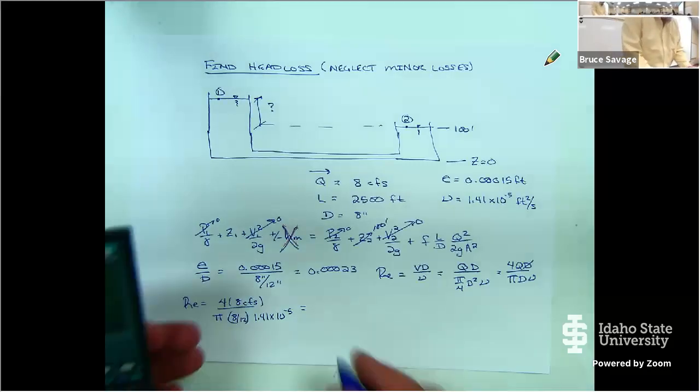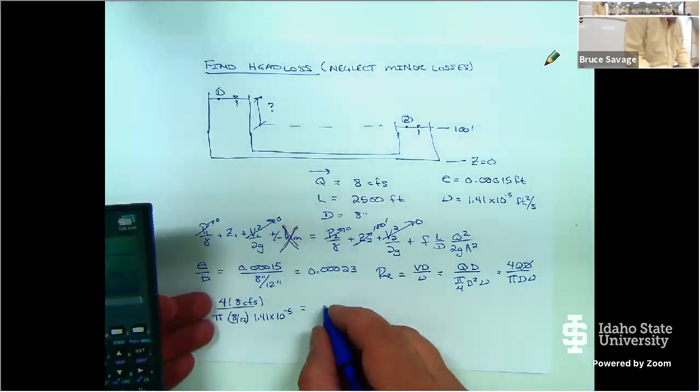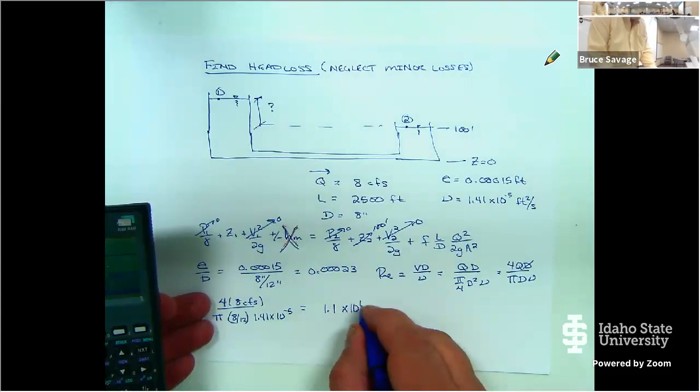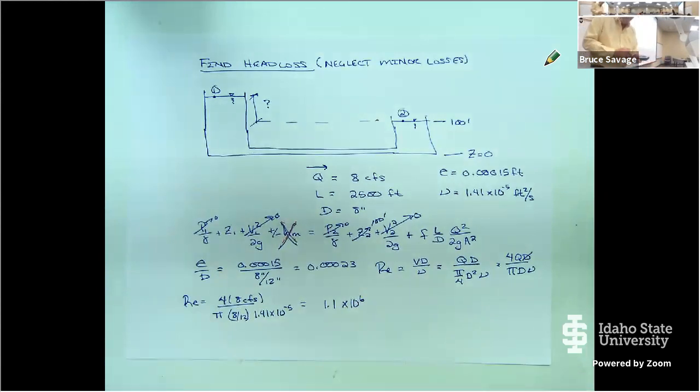So if I've done this correctly, I get 1.1, I'm kind of rounding it up, times 10 to the 6th. Let me just do a quick check here. Yep, okay, good. So now that I have the Reynolds number and I have E over D, I can come back over to the Moody diagram.